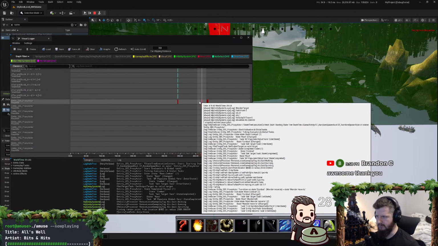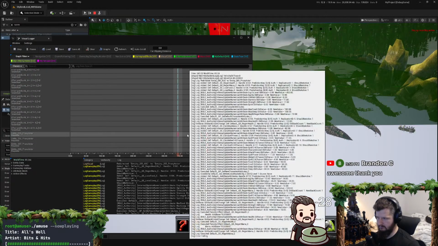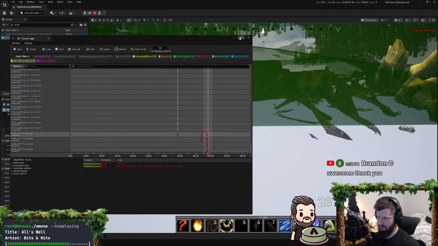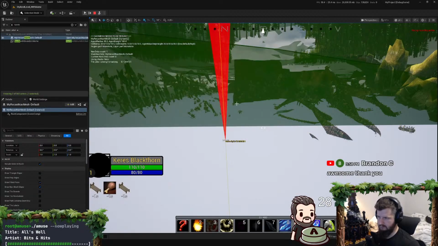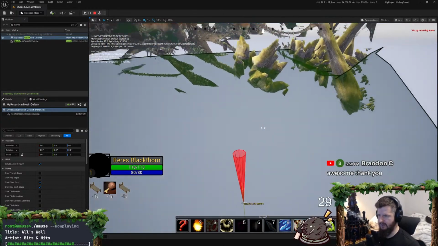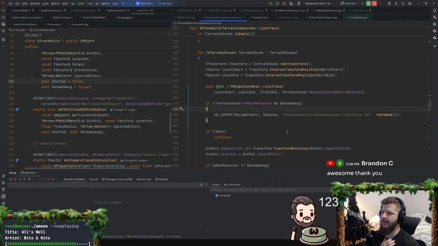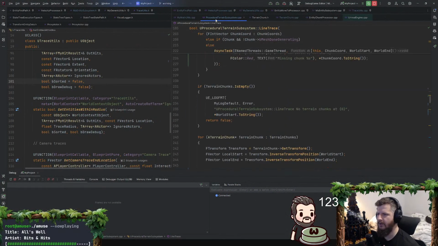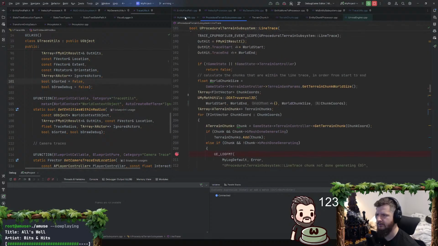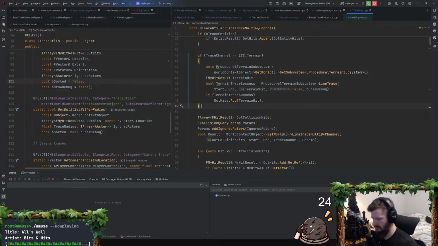Awesome, thank you. Yeah, of course. Why did you not do... Because we did the yellow line trace. Okay, let me try something out real quick. Let me try to change this trace function to do an else here.